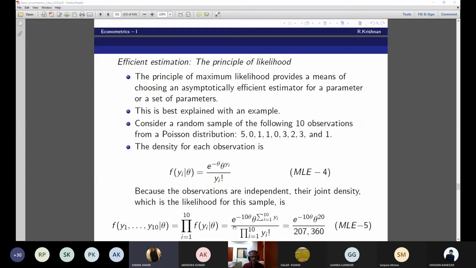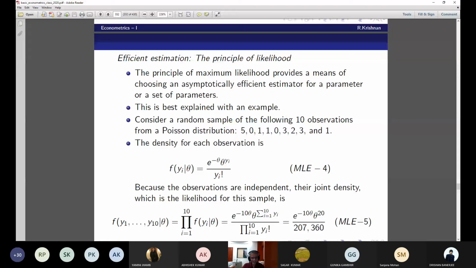Who is this? Yamini? This is a function. I want to find the mode of that function, the peak. So first order and second order conditions. In calculus language, we simply differentiate with respect to theta. Exactly. That is exactly what we are going to do.